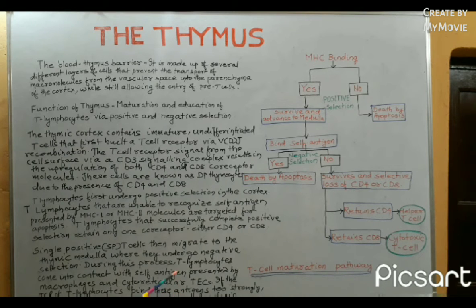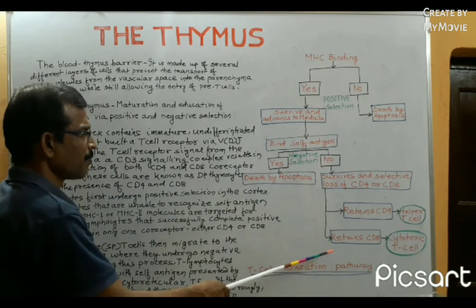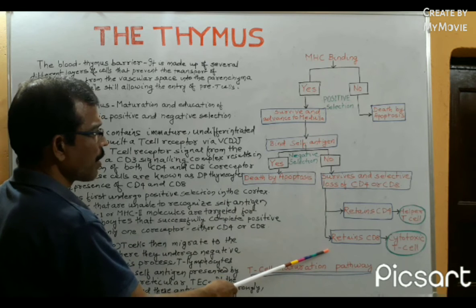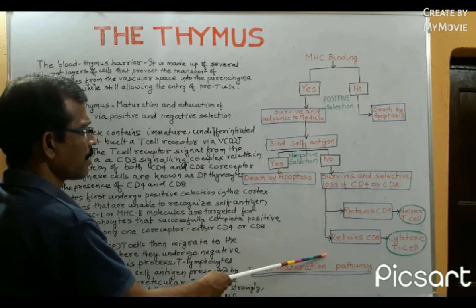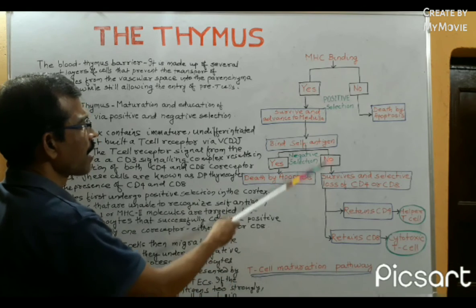The processes of positive and negative selection are highly specific, and during this process, about 95% of the cortical thymocytes undergo programmed cell death. This pathway explains the process of positive and negative selection that occurs inside the thymus.